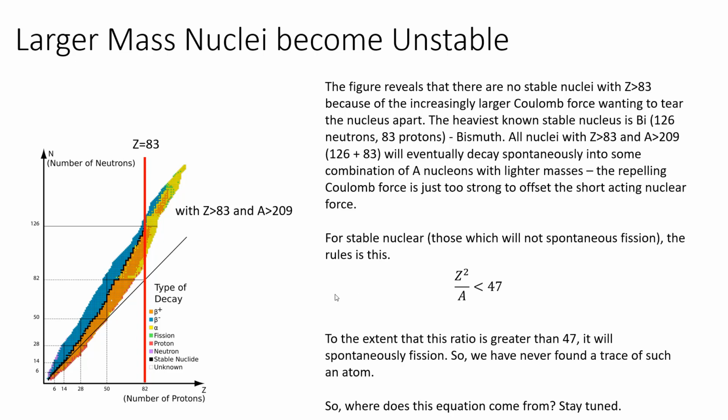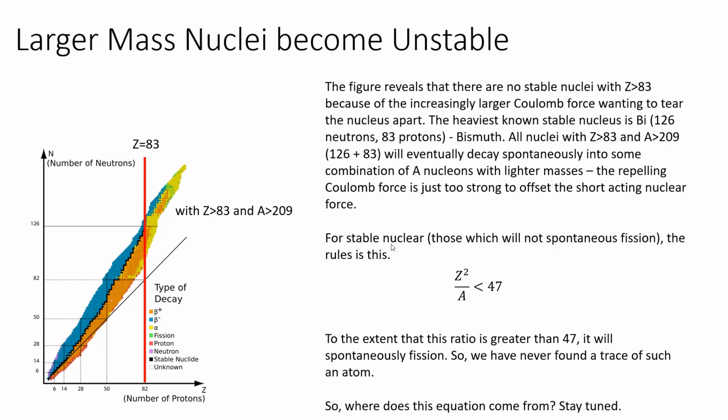The heaviest known stable nucleus is bismuth, Bi. It's got 126 neutrons and 83 protons. So all nuclei with Z greater than 83 and A greater than 209 will eventually decay spontaneously into some combination of A nucleons with lighter masses. The repelling Coulomb force is just too strong to offset the short-acting nuclear force.